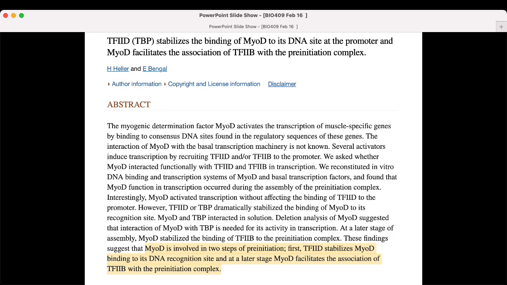So it's surprising because it's a two-way thing. First, TBP helps MyoD get to the enhancer, and then at a later stage, MyoD facilitates the association of TBP with the preinitiation complex, right? Just a little add-on.